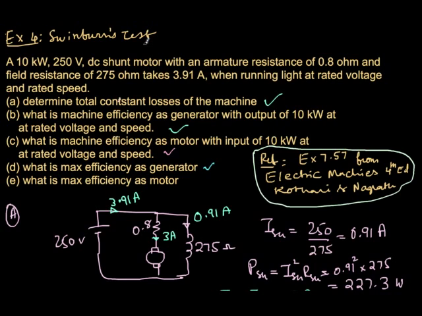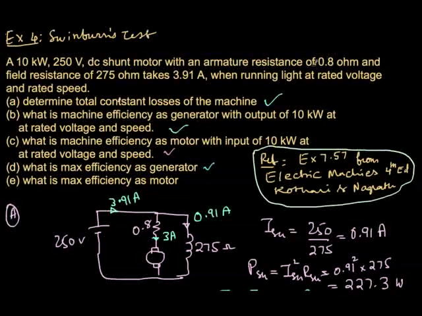Also, the measurement of armature resistance and field resistance is done under normal conditions, that is, a cold resistance. But when the machine is under operation, its temperature will increase, and so will the armature resistance and the field resistance. That again will give some error in our calculation. Therefore, you should be careful when you are doing Swinburne test.